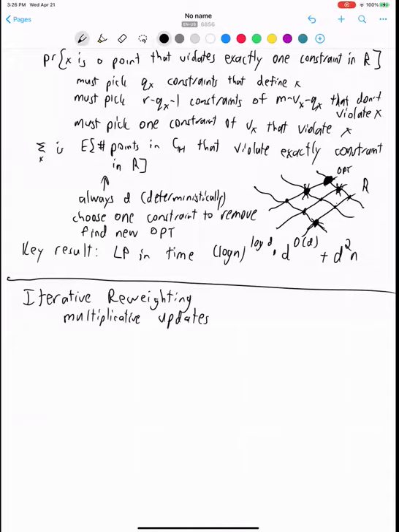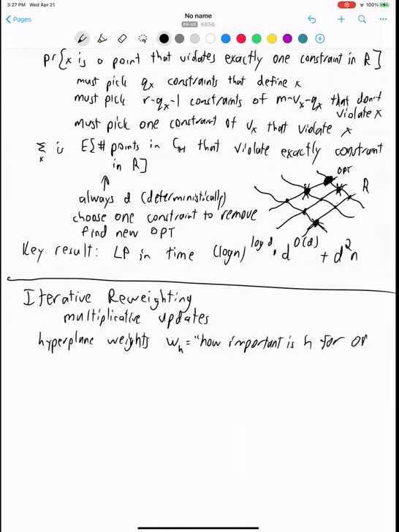So the idea of iterative reweighting is to be more subtle about this. We're going to assign weights to the hyperplanes that represent our belief in their being important, which ask us how important that hyperplane is for the optimum.